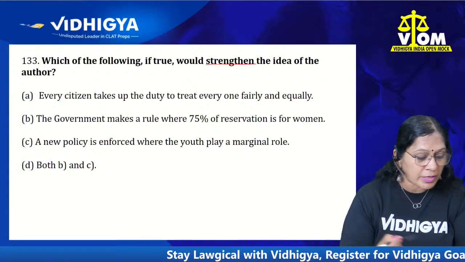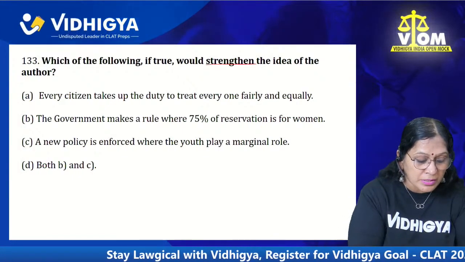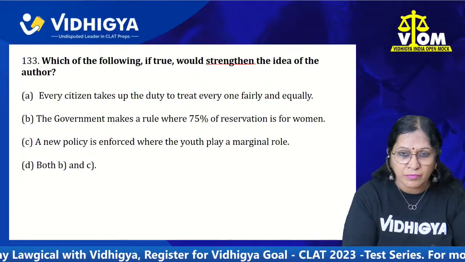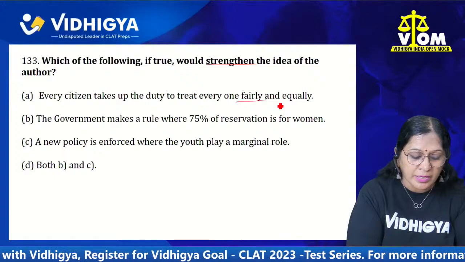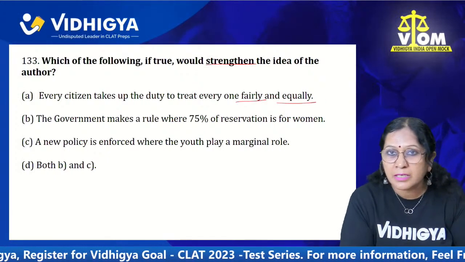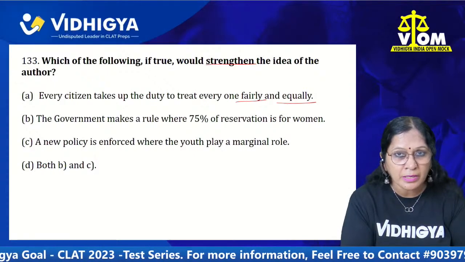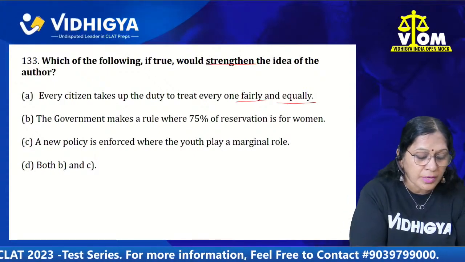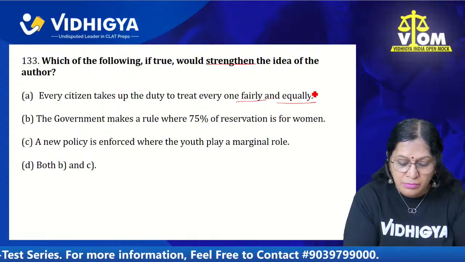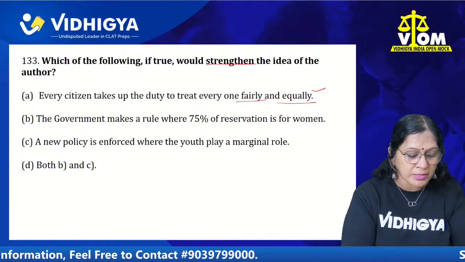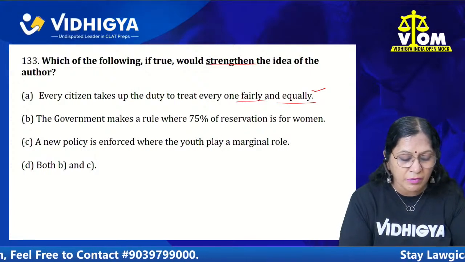Right. So I'm talking about this Clean India. Because this is also the same thing. If everybody starts treating the other person fairly and equally, definitely the author's idea will be strengthened. I have no reason to eliminate this, so I'll keep this. Let us go to B and C. The government makes a rule where 75% of reservation is for women.